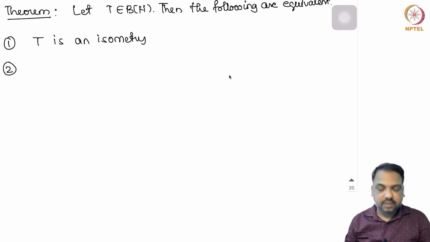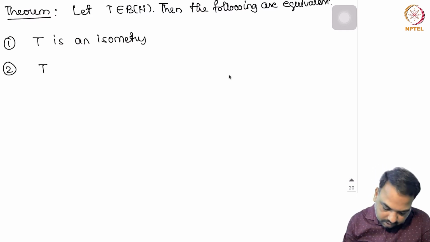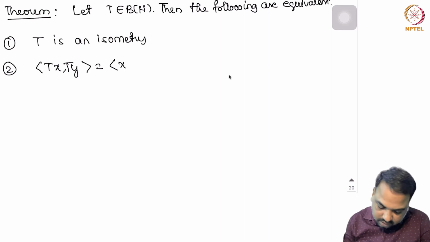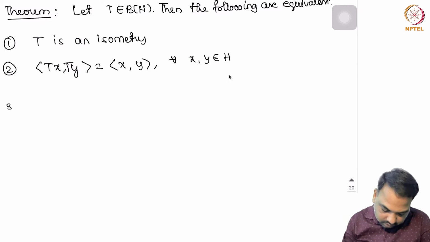Two, inner product Tx with Ty is inner product x with y for every x, y in H. Three, T star T is an identity operator.